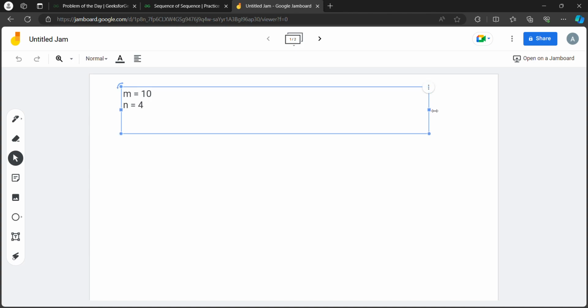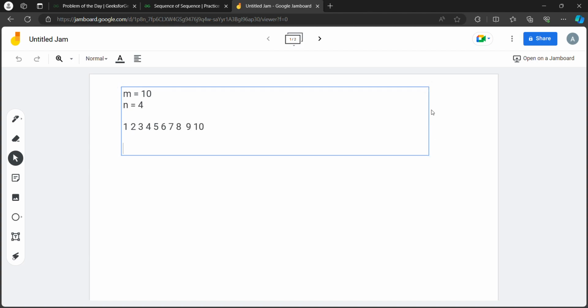If m equals 10 and n equals 4, first we need to print all the digits greater than 0 and less than or equal to 10. Then it will be 1 2 3 4 5 6 7 8 9 and the last is 10.